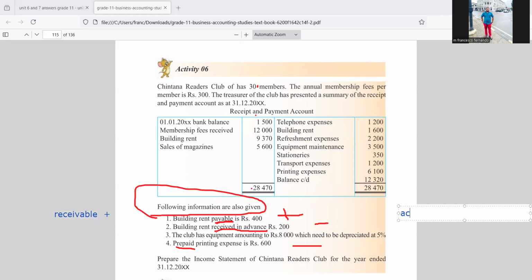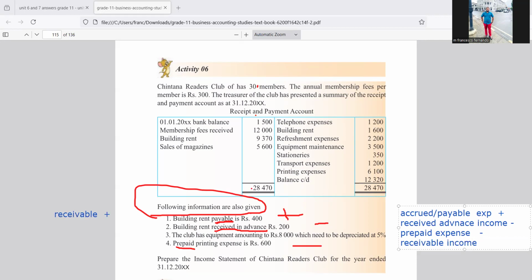So as a summary, accrued expenses or payable expenses, you have to add in the income statement. Received in advance, so normally we received in advance income. Income received in advance, you have to deduct. Prepaid, normally expenses are prepaid. Prepaid expenses should be deducted and receivable income should be added. So this is the shortcut.